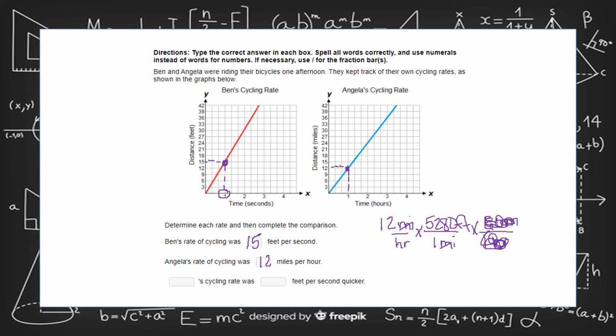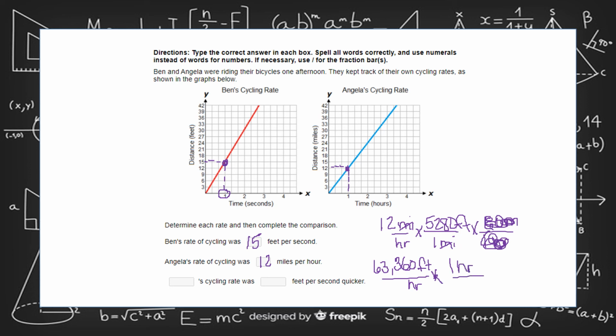So I'm going to have 63,360, and this is now feet per hour. Now I need to change my feet per hour to feet per minute. If I've got hours on the bottom, then I'm going to put 1 hour on top.